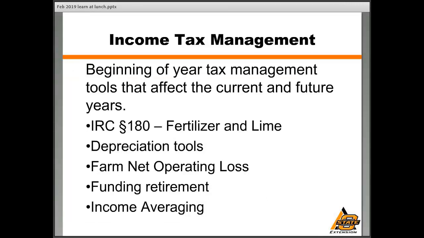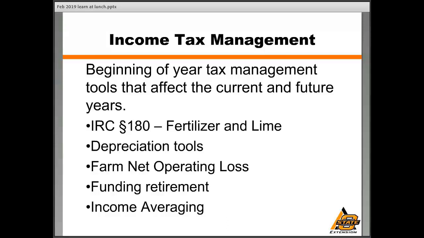So again, we're going to look at what affects the current year and future years. Some of the topics that I've included here, we don't think about as often as some of the other things that we do. For example, the first one is Code Section 180. That allows a farmer to elect to deduct fertilizer and lime expense in the year that it is put on the farm versus capitalizing that cost over the life of that particular item.